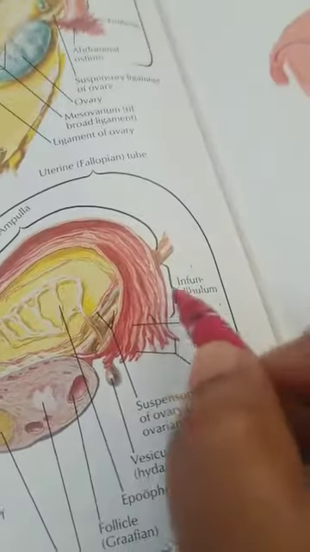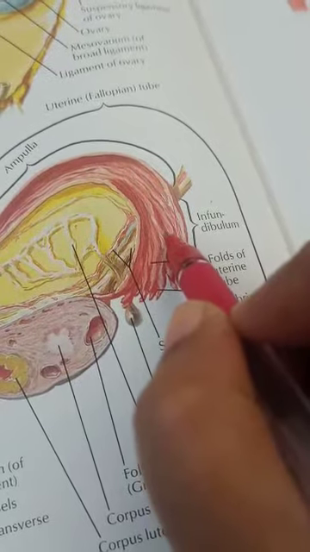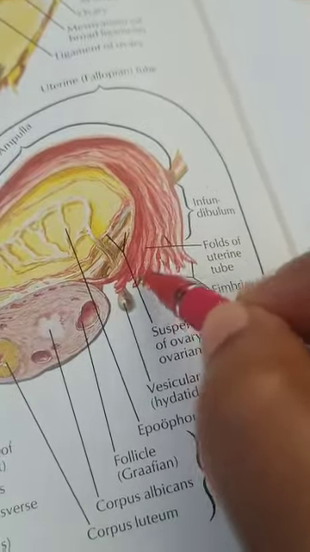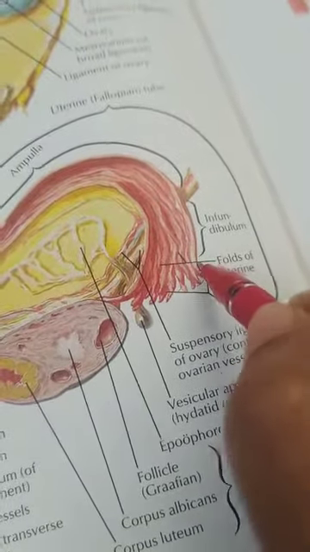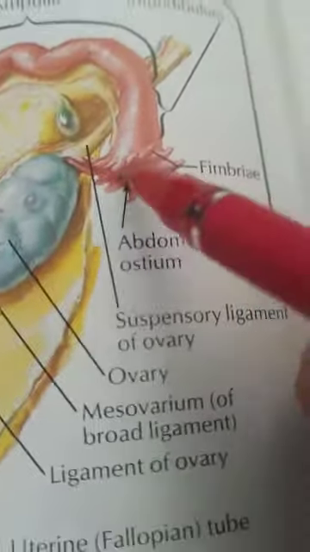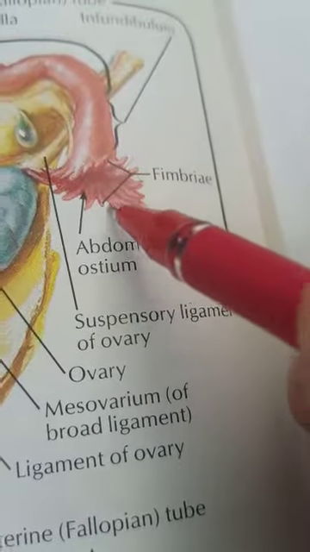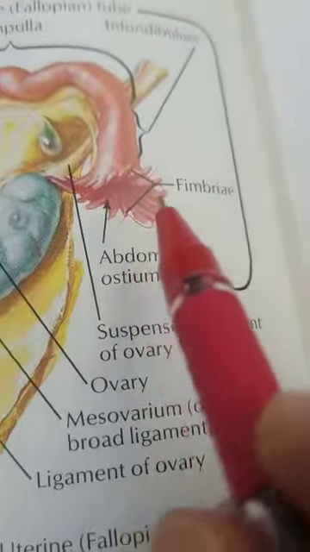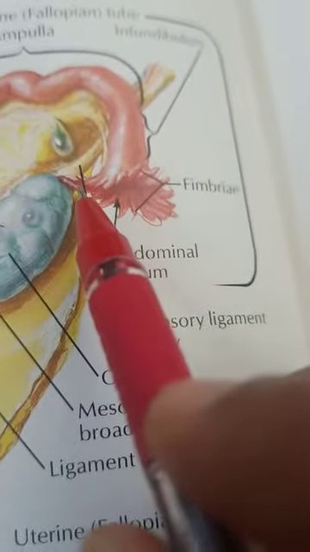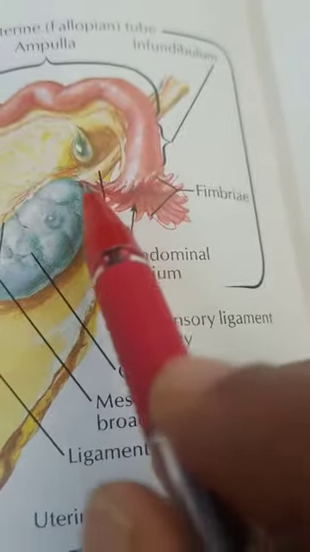This is the infundibulum. Here we can see finger-like projections. The terminal, lateral end of the tube is known as the infundibulum, and in it we can see finger-like processes known as fimbriae. Among these processes, one fimbria is large and seen towards the ovary.